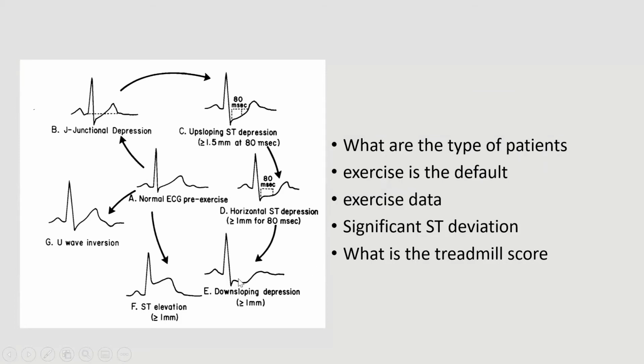Because if you tell me it's downsloping, I'm more confident of ischemia than when you say it's upsloping. Because upsloping sometimes could be just a normal physiological response to exercise. It goes down in this morphology. So the specificity for ischemia here is low, not like in here.